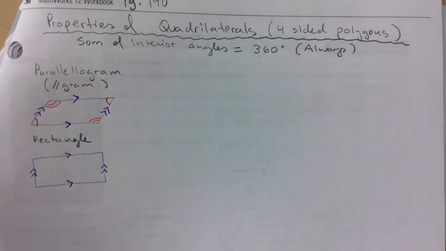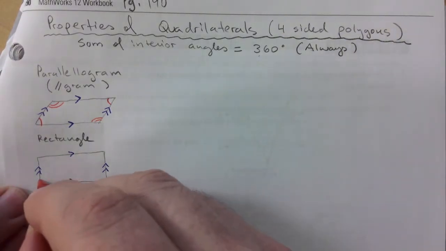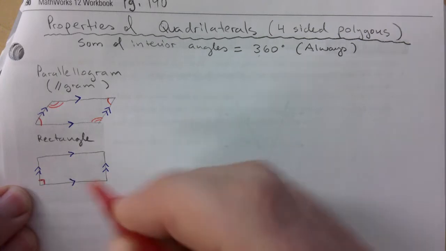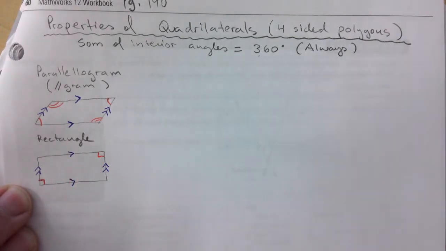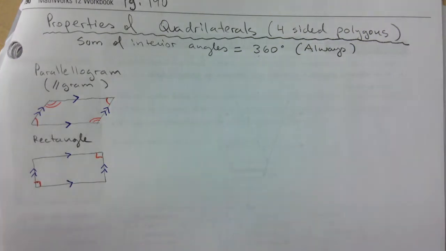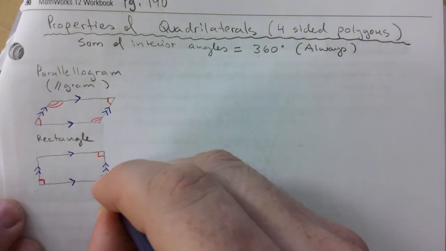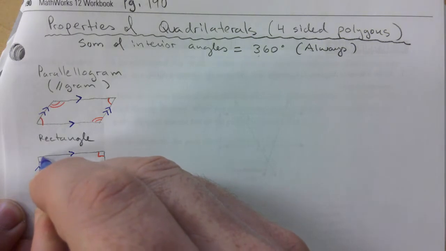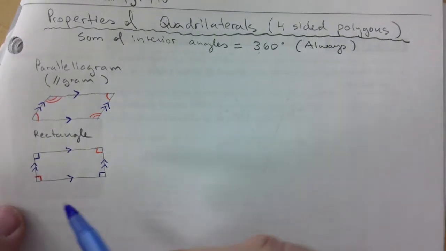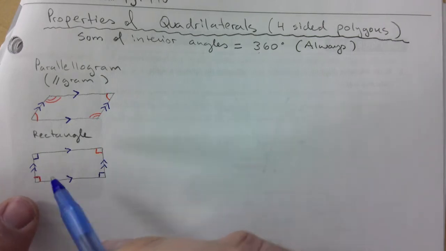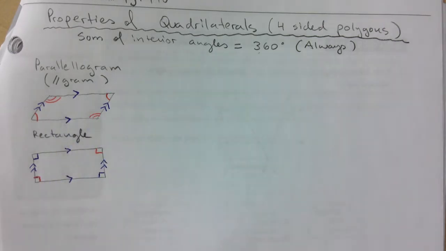Two pairs of parallel sides, if you want to call it that. And notice that diagonally opposite angles are still the same. In this case, they're all 90, right? I know they're all 90, but I'm just showing you that it's still the same as up here.